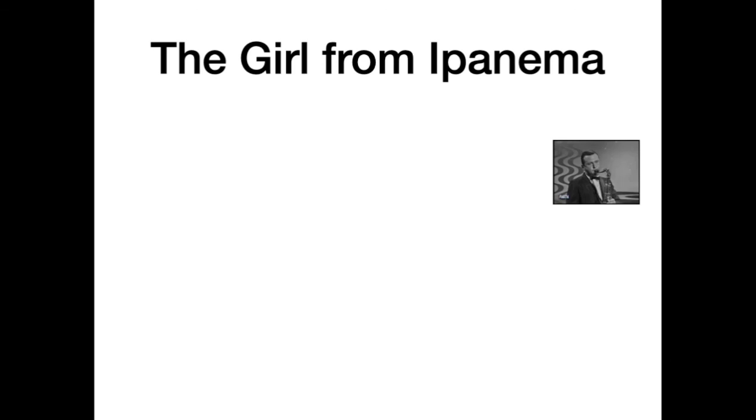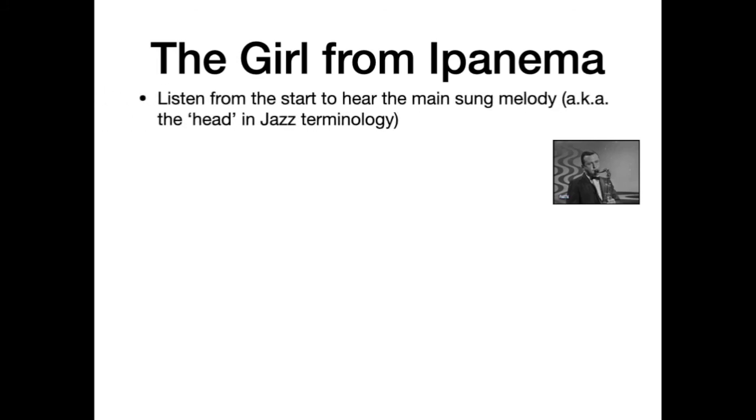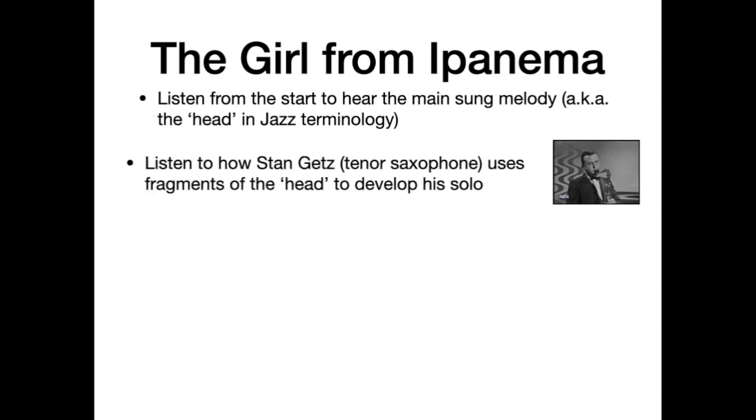So, as a musical example, we're going to have a listen to the song The Girl from Ipanema, a lovely bossa nova piece. We're going to listen from the start and to hear the main sung melody, which in jazz terminology is what we call the head, the main melody, the full structure of the work. Then usually after that, the performers will improvise solos using that main melody or that main form.